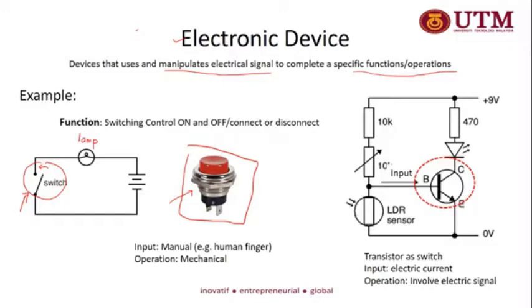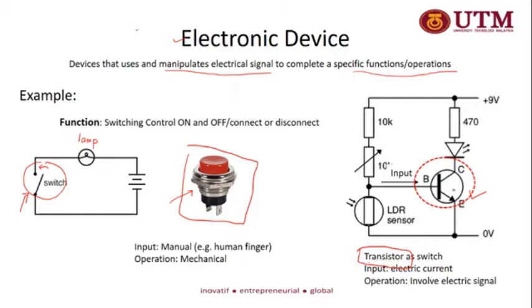But instead of having this mechanical switch, we can replace the switch with an electronic device. An example of an electronic device which can operate as a switch is the transistor. So this is what we want to learn, the device that we want to learn. The input of the transistor is current. What triggers the on and off of the transistor is input current. So the input is an electrical signal, and the operation also involves the electric signal.